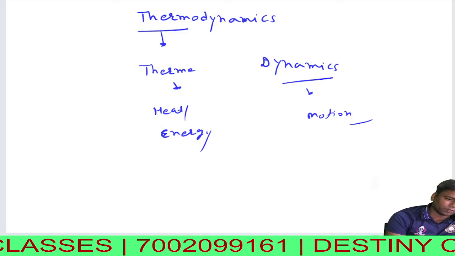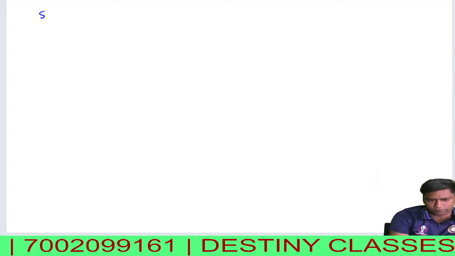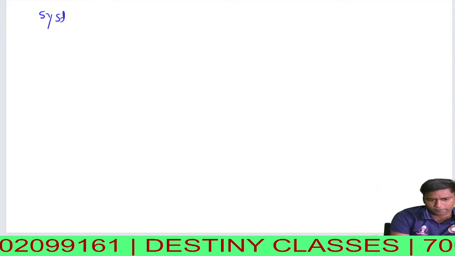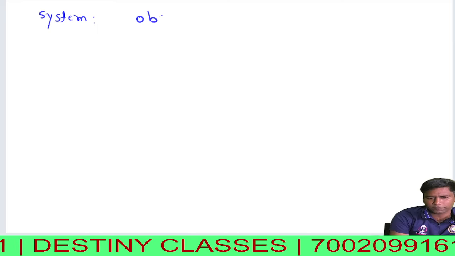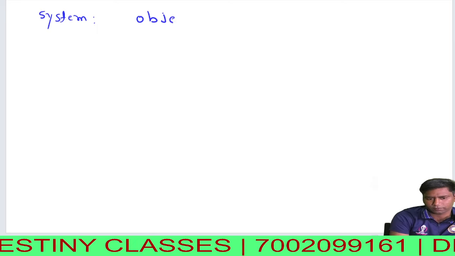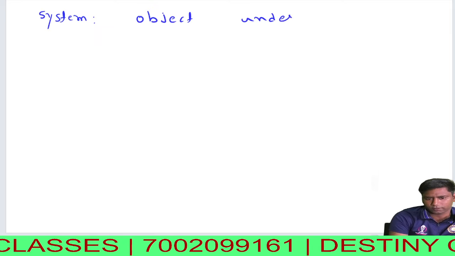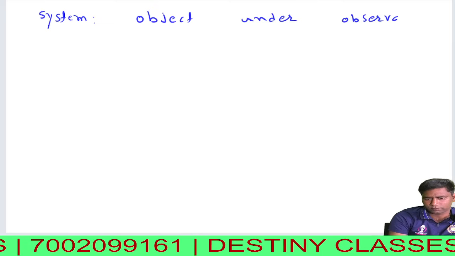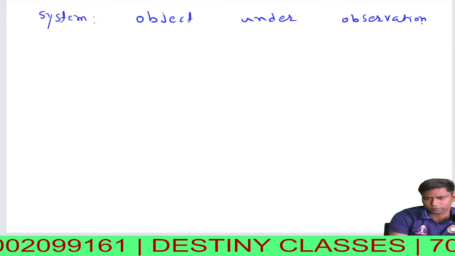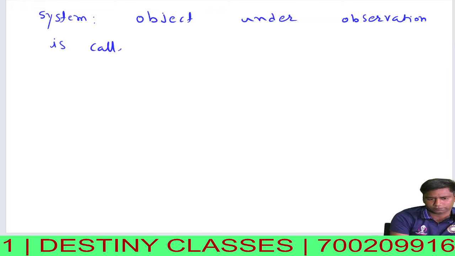So let's first talk about the system. Any object system. The object under observation is called a system.